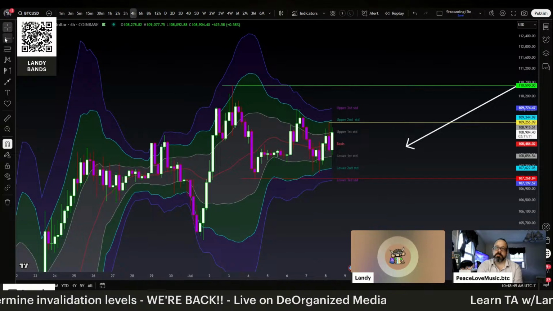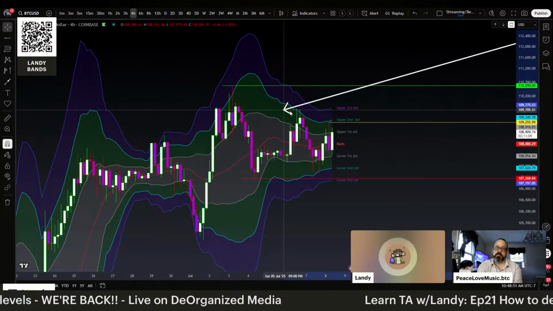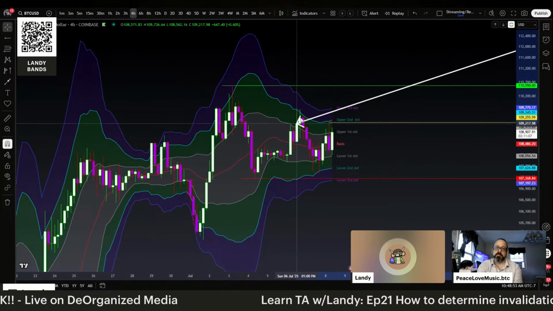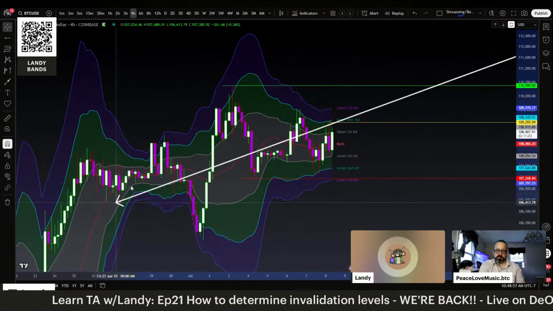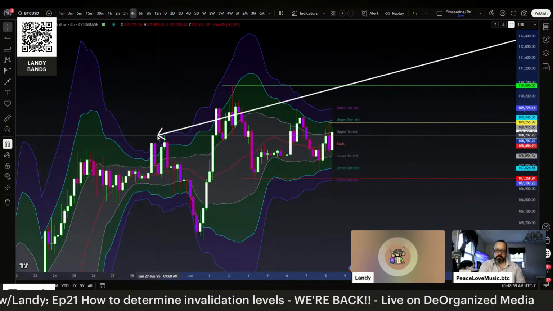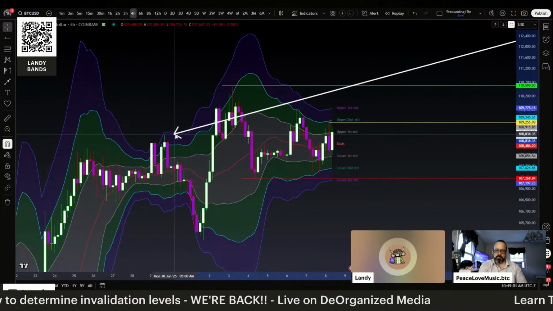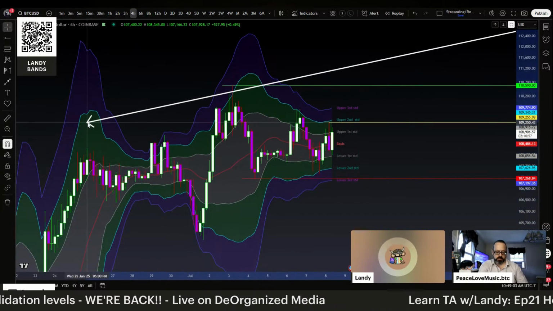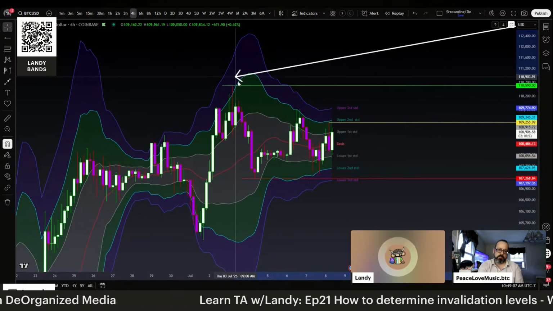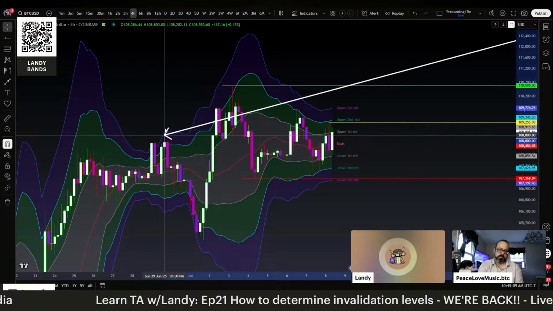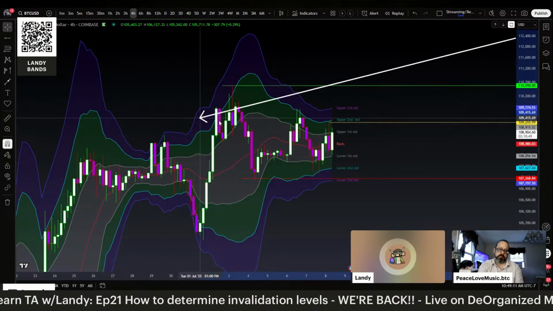But more importantly, how do I know that it's not just going to stop here? Because this is an area of resistance overhead, right? So we had a consolidation, a little bit of a trend break, and an uptrend to form after a really big move up, and then into a lower low, higher high. So anyone that was short off of this high, their invalidation was hit because it went higher, right?